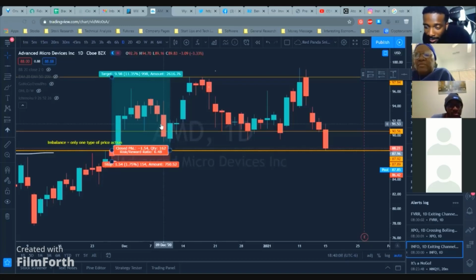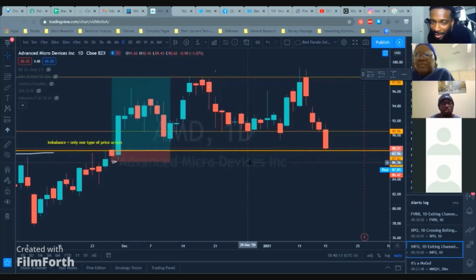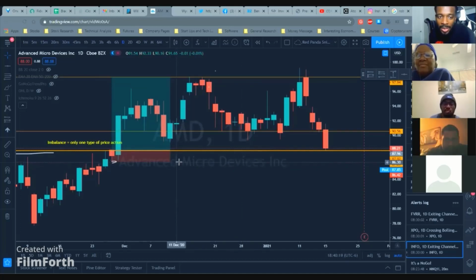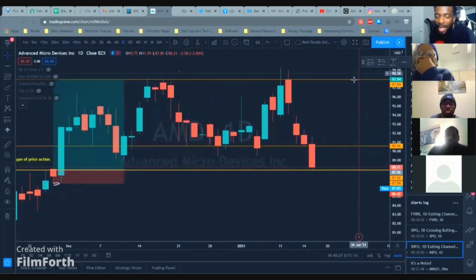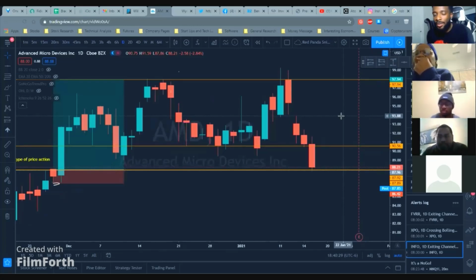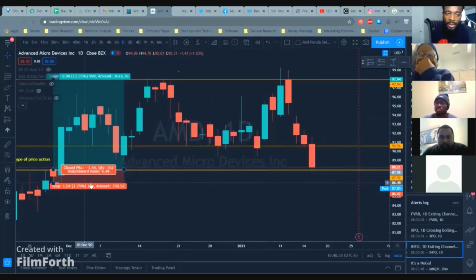So if I got in this trade at, I got too many lines and I can't tell which line goes to which. I believe it's 88.21, my stop loss is at 86.42, and my target is $97.94. So I'm risking $1.54.